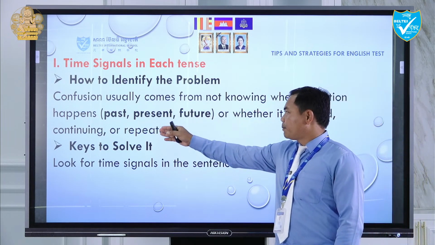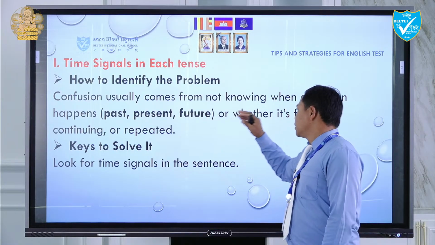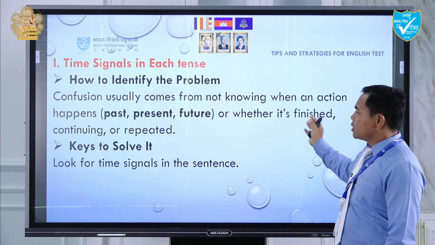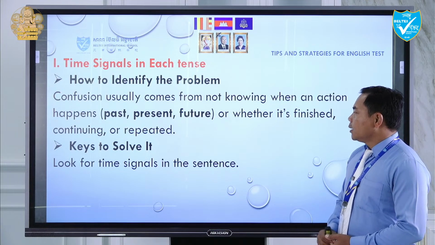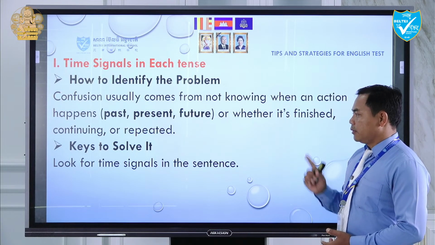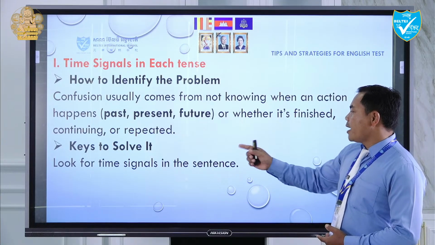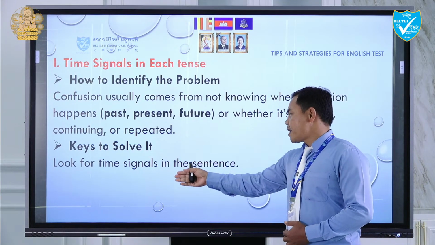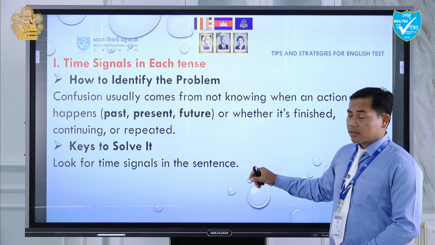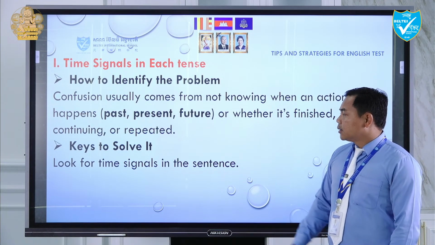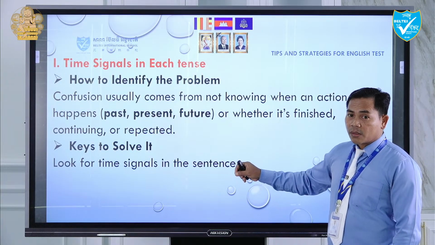It can happen in the past, present, or future, or whether it's finished, continuing, or repeated. The key to solving this problem is to look for time signals or time expressions in the sentence. What are those time signals?